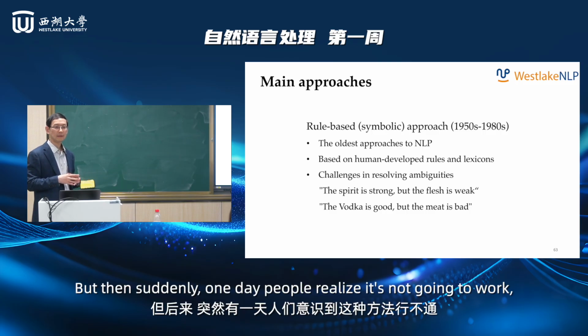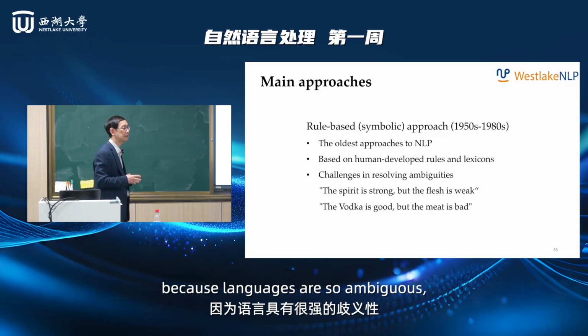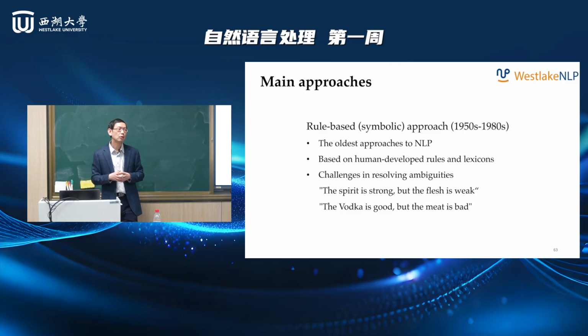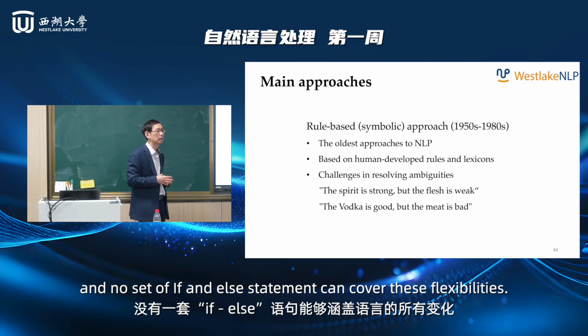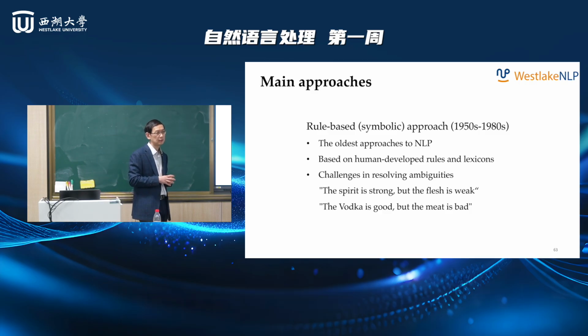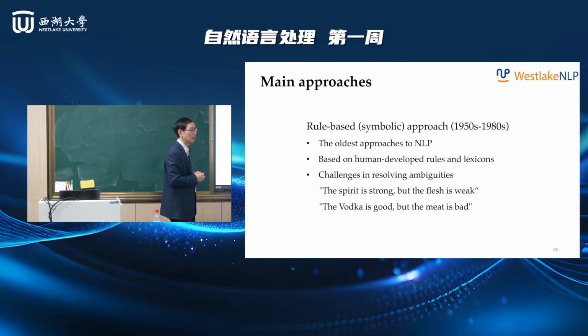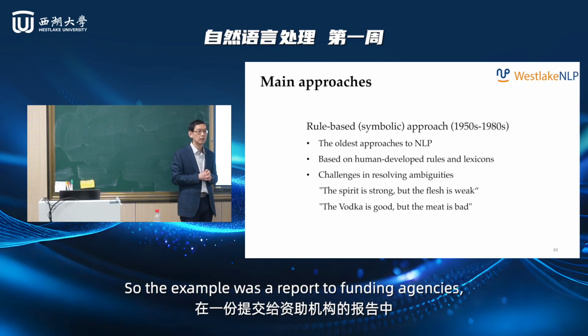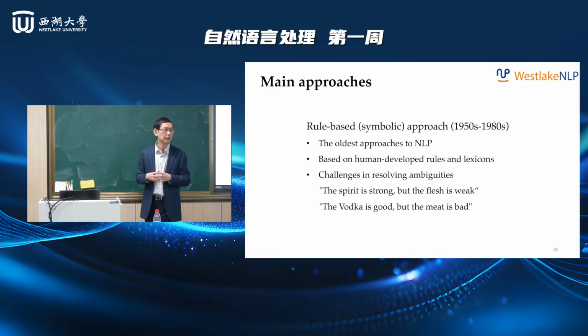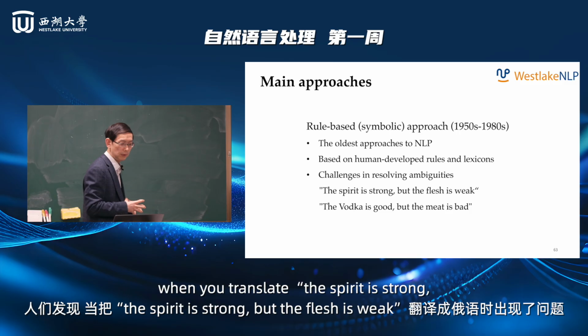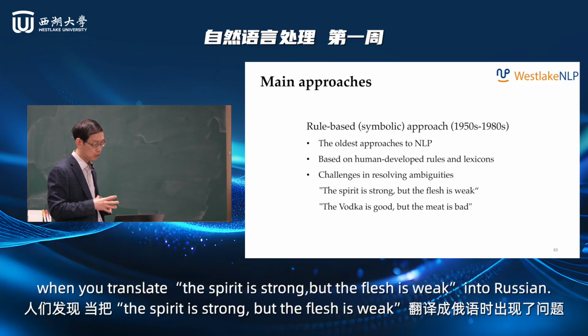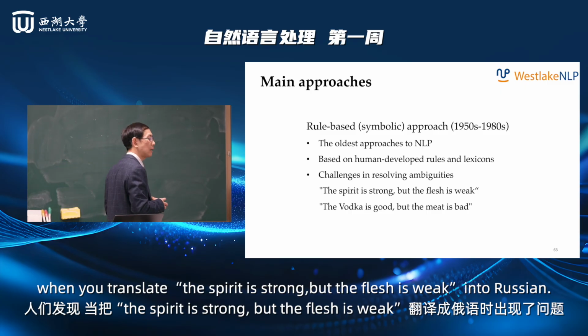But then suddenly one day, people realized it's not going to work, because languages are so ambiguous, and no set of if and else statements can cover this flexibility, okay? There is a more famous example than the duck one I gave you. The example was a report to funding agencies, in which people found that when you translate "the spirit is strong, but the flesh is weak" into Russian.